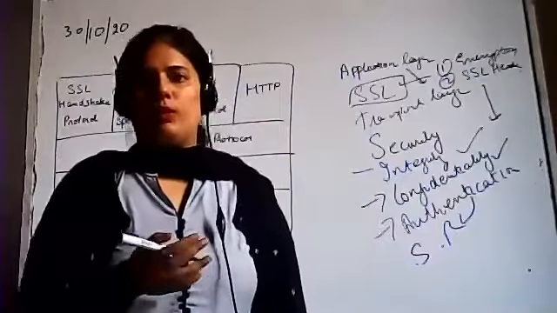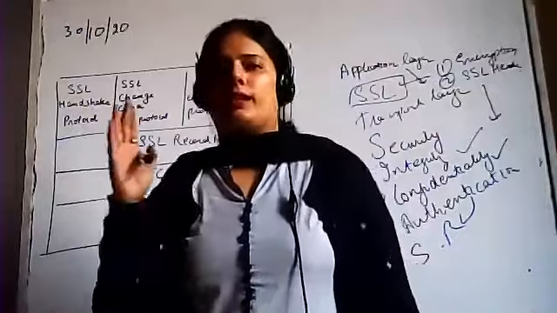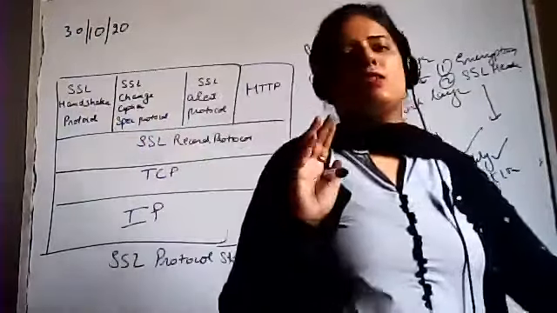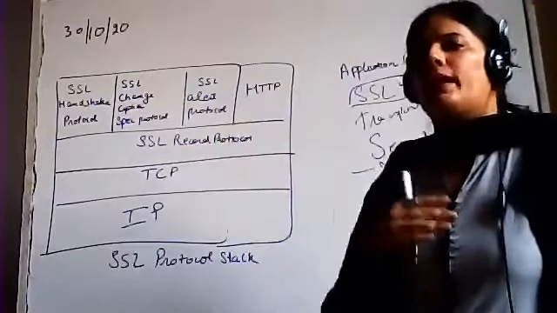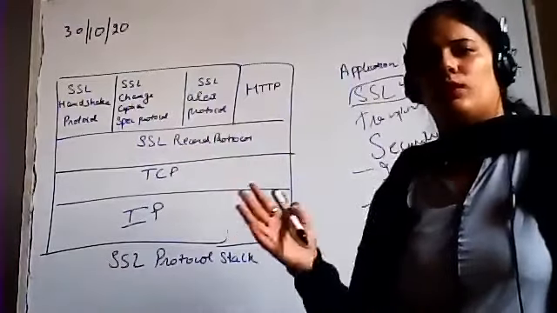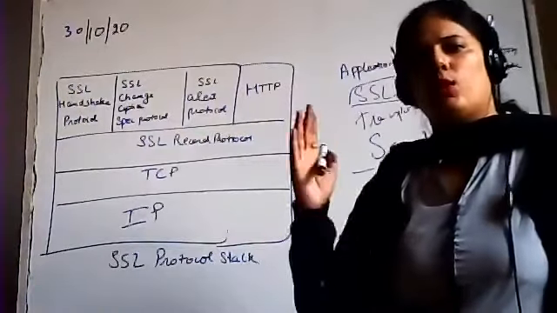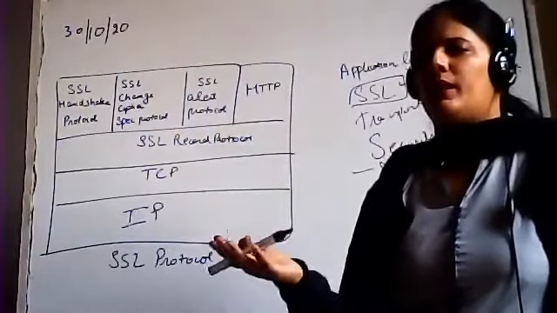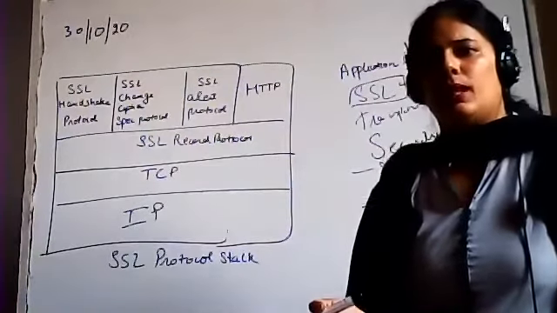You understood the concept of communication over the network. If two parties want to communicate, both parties must satisfy their protocols. The protocol that is on one party, on the server, the same protocol must also be present with the client.